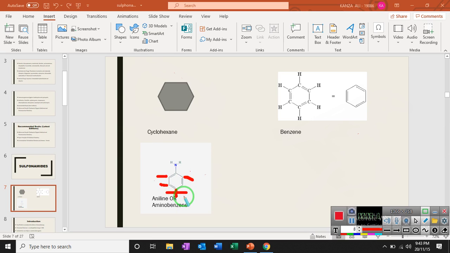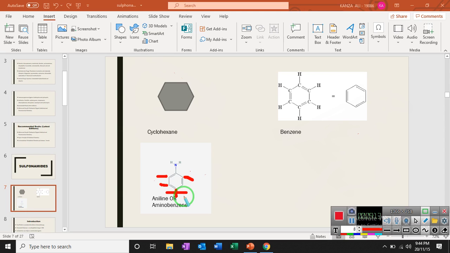Mind it, the ortho, meta and para positions are relative to the presence of the first group: the adjacent, the alternate, and the opposite positions in relationship with the first group.